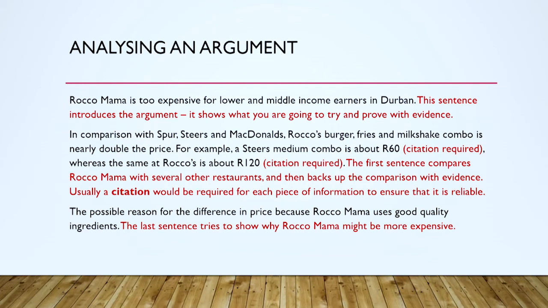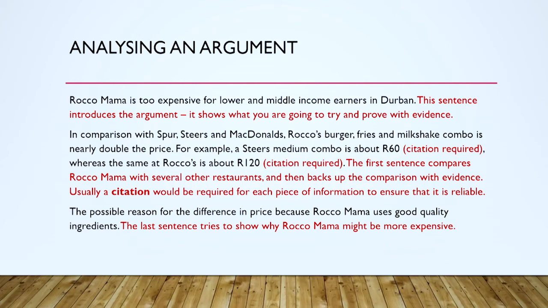But the important thing here is that when you are talking about evidence in an academic essay, you are supposed to tell us where the evidence comes from. So when the person says, in comparison with Spur, Steers and McDonald's, Roco's burger, fries and milkshake combo is nearly double the price. For example, a Steers medium combo is about 60 Rand. We should have a citation that says, I saw this on a Steers menu.